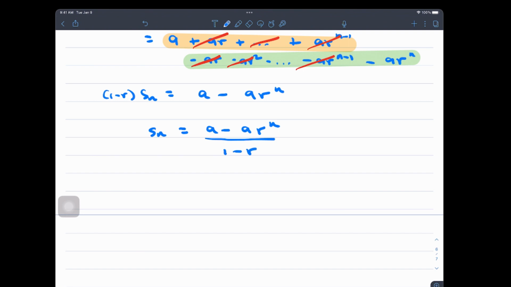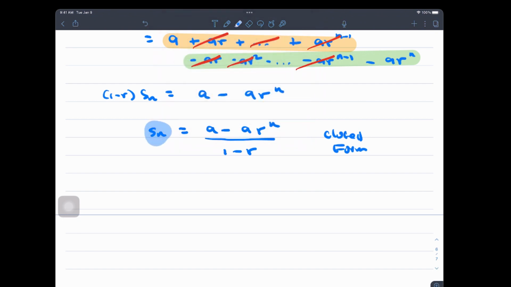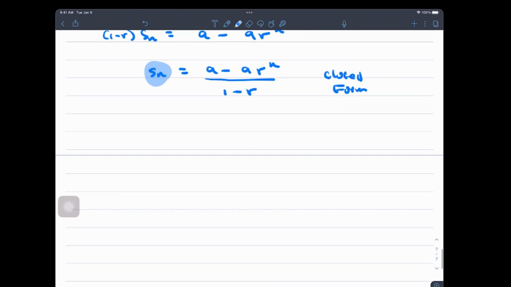Now we get this closed form again. You go, nice, you got a closed form for Sn. Now we can take the limit of this. So you might say, well, how do we take the limit now? Let me remark about this.